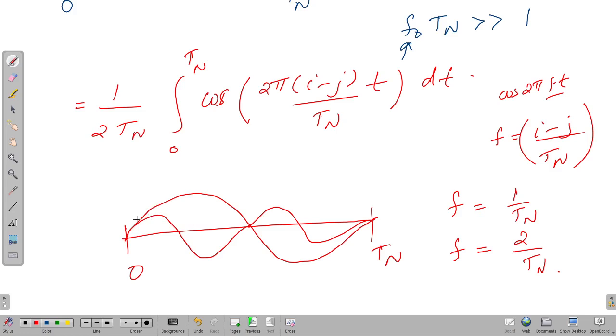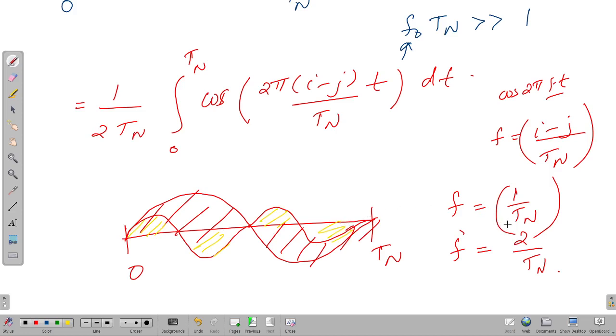So in the first case, when you have a wave which has a frequency of 1 divided by Tn, you have equal positive and negative areas. When you have a wave with a frequency 2 divided by Tn, again you have equal positive and negative areas.